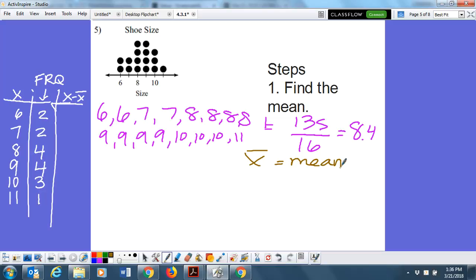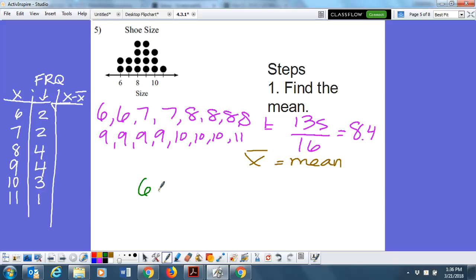In math, if we can make a symbol instead of writing a word, we will always make a symbol. So on the AP Stat, no one's ever going to write the word mean. They're going to put a symbol because you just don't want to write it.